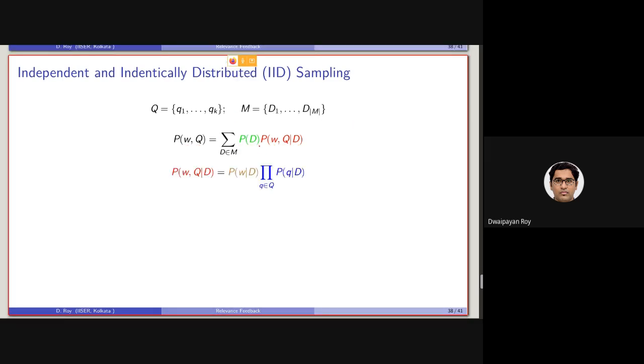Now, how are we going to approximate this probability of W, Q given D?